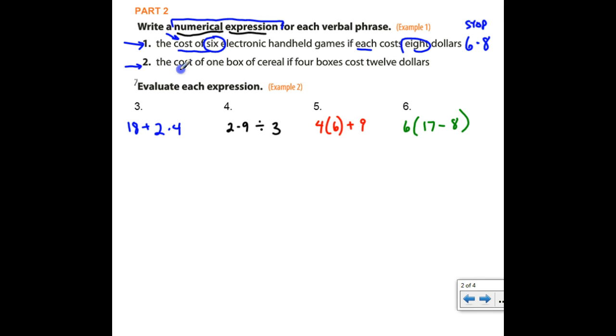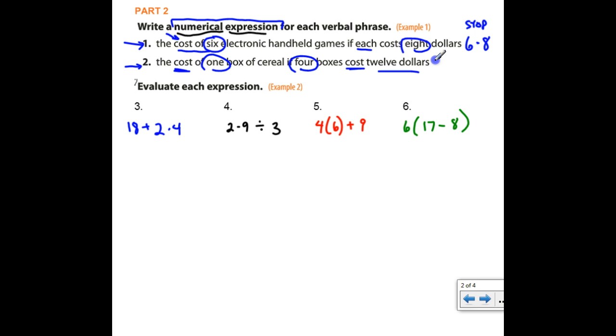We'll do the same thing. It says, tell me the cost of 1 box of cereal if 4 cost $12. Okay, well, I know I could buy 4 boxes for $12.